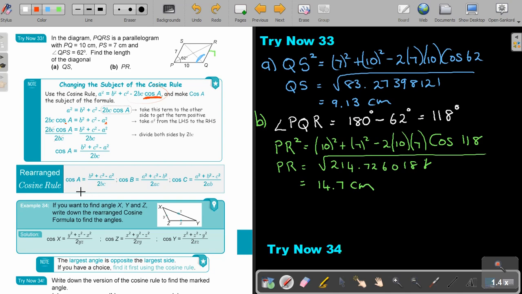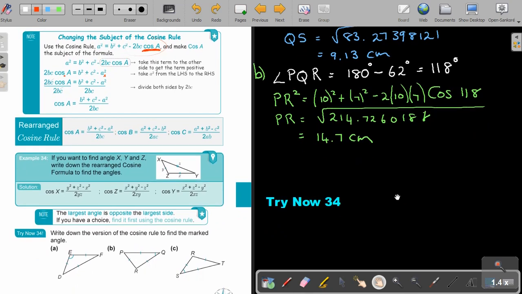So this is now the rearranged one. I want to just show you according to this. If you want to find angle x, y, and z, write down the rearranged cosine rule for this. Now, it is actually very easy. If you want to find x, then the 2 around it, you square and you add. And the one opposite it, you subtract, also squared.